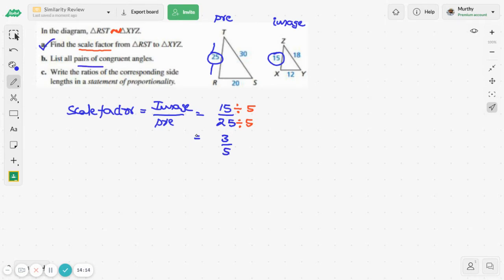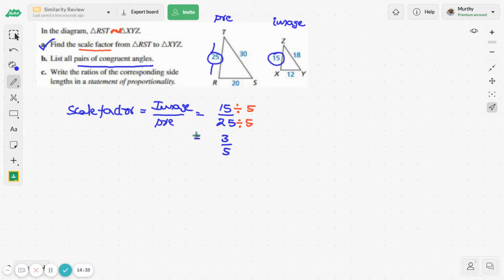List all pairs of congruent angles. Remember an important thing: if two angles of a triangle are equal to two angles of another triangle, then those two triangles are similar. But we don't equate the sides when it comes to similarity.